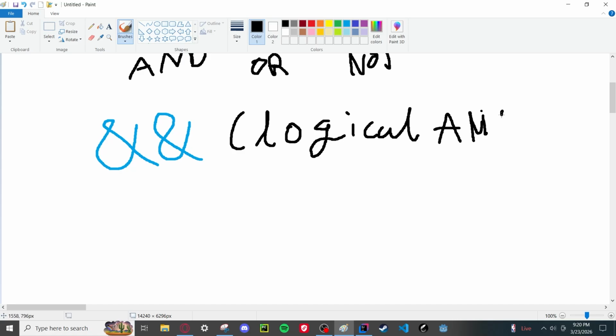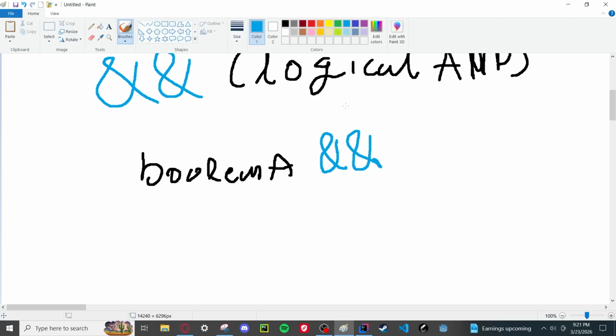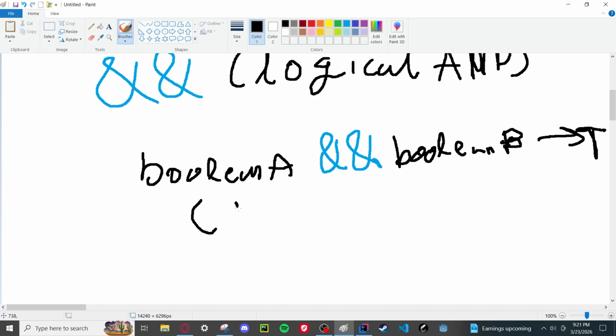What the logical AND does is it will take two booleans, say boolean A and boolean B, and will return true. So it will output true if boolean A is true and boolean B is true.